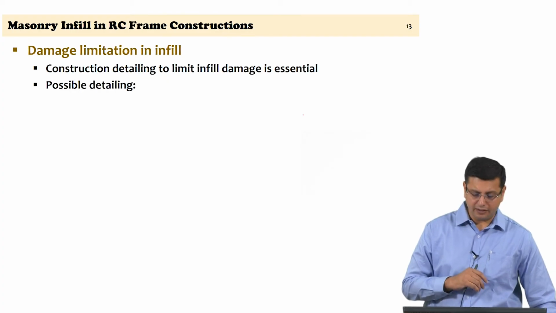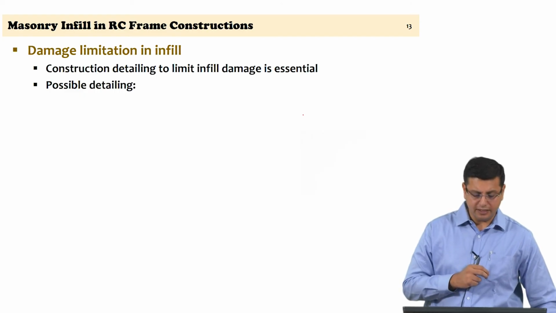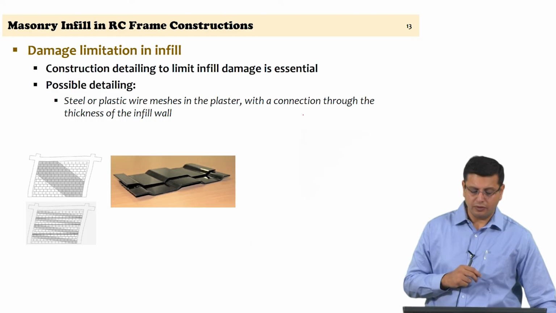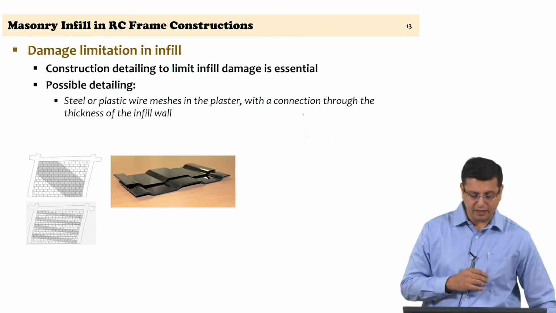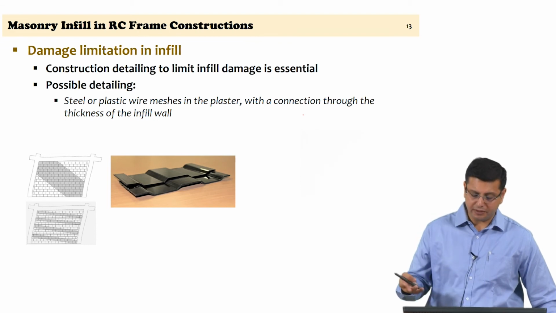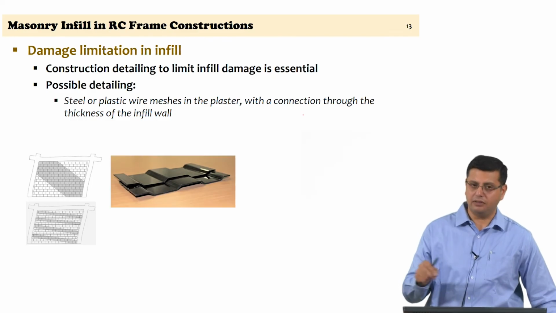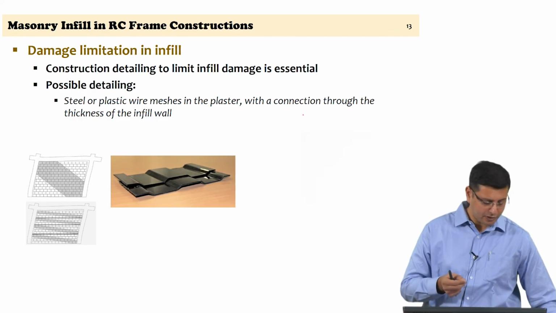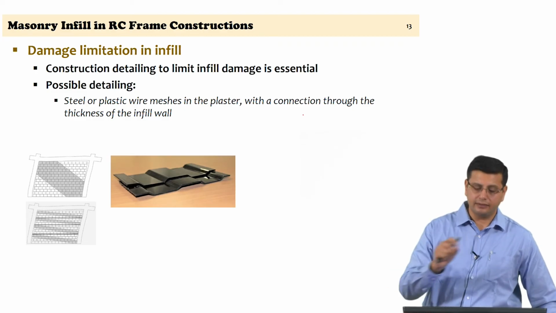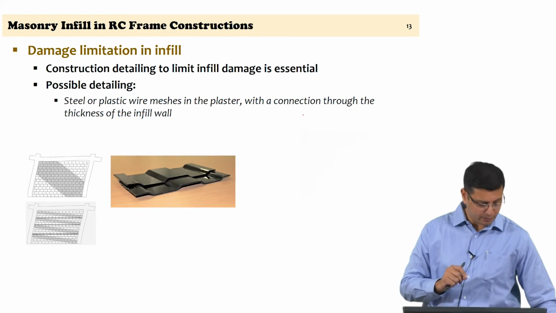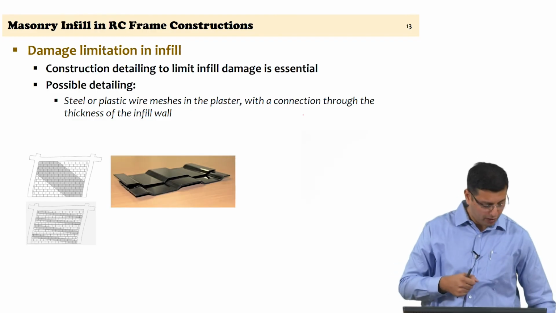There are some recent procedures or recent detailing requirements which try to limit the damage in the out of plane direction in the infill panel. So, wire mesh is placed in the plaster, and this can be a steel or a plastic wire mesh. With a lot of these geogrids available today, it is possible to have a rather thin joint. So, steel or plastic wire mesh is placed in the plaster, and you connect it across the entire thickness of the wall panel.